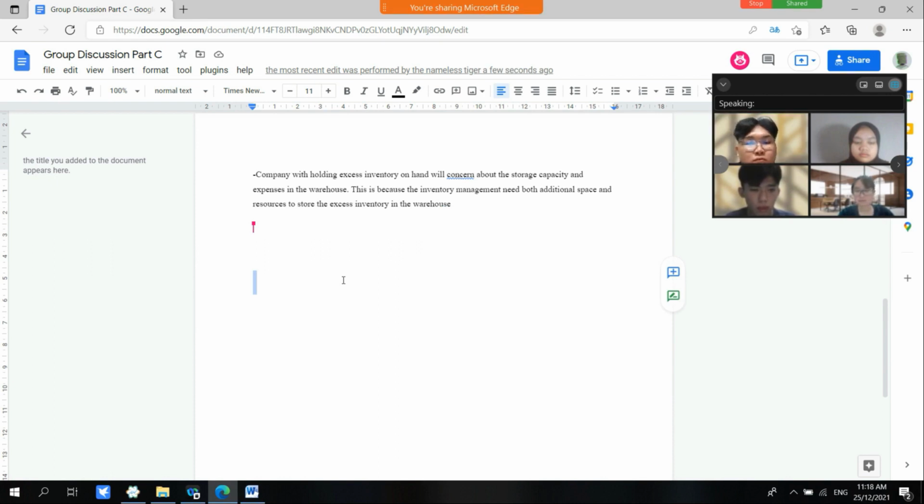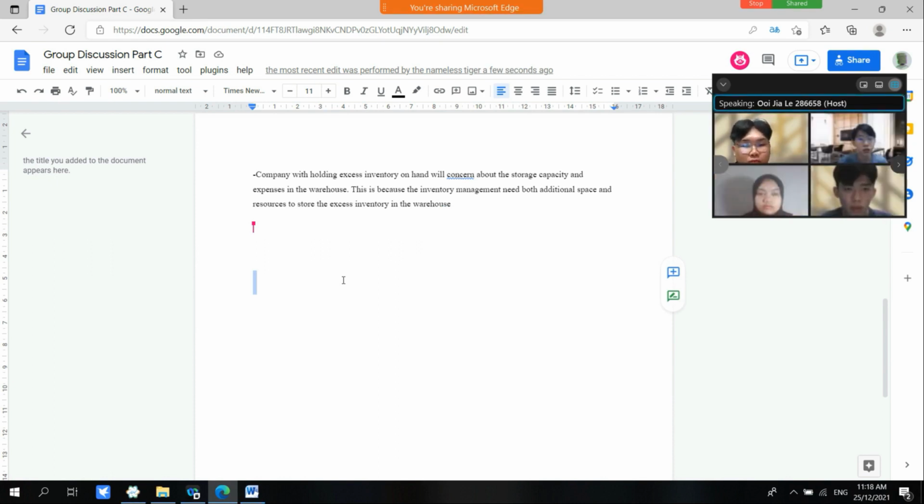Okay, the second shortcoming is holding excess inventory on hand increases the storage cost. So excess inventory needs additional space for storage.